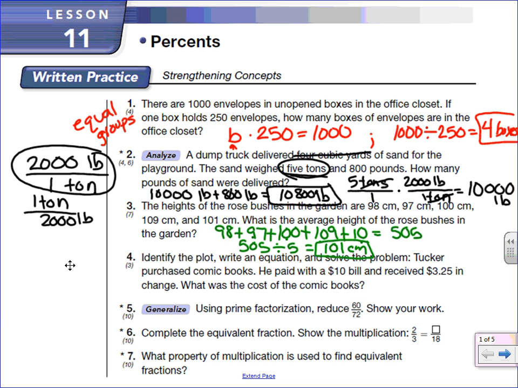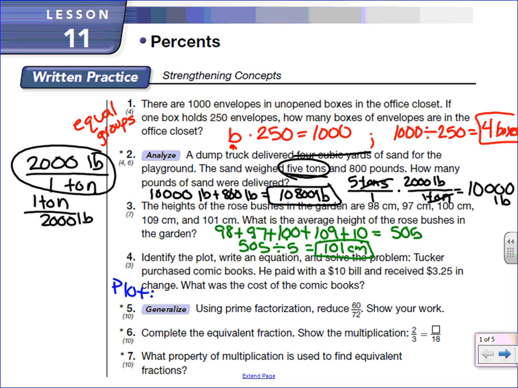Identify the plot, write an equation, and solve the problem. Tucker purchased comic books. He paid with a $10 bill and received $3.25 in change. What was the cost of the comic books? So the first thing that we need to do is identify the plot. And in this plot, we're talking about starting with some, some going away, and then having what's left.